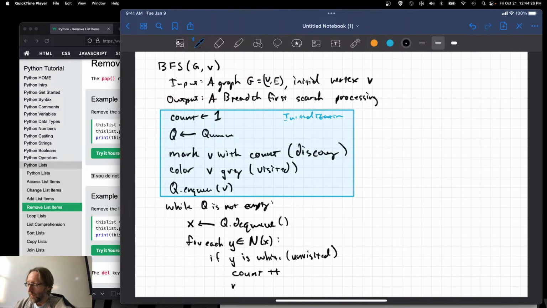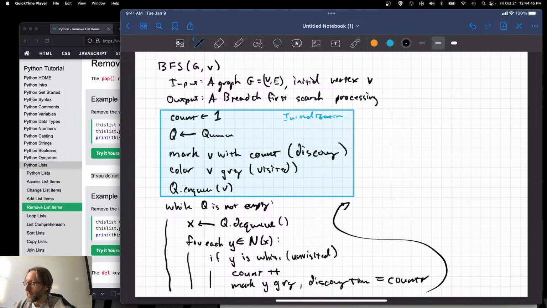We mark y gray, with a discovery time equal to counter. And then finally, we enqueue, q.enqueue y. That's the end of the inner for each loop.